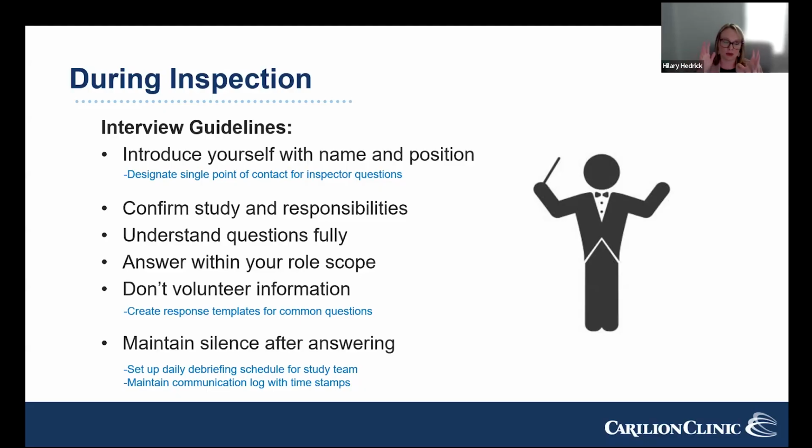Like Christina said, we're good Googlers. All of us are, so I did not provide any questions because there are just so many, and you can determine which ones are best for your team and your study, and create templates and answers so everyone knows. It's also important to maintain communication logs with timestamps, tracking every single thing that the auditor is asking of you.